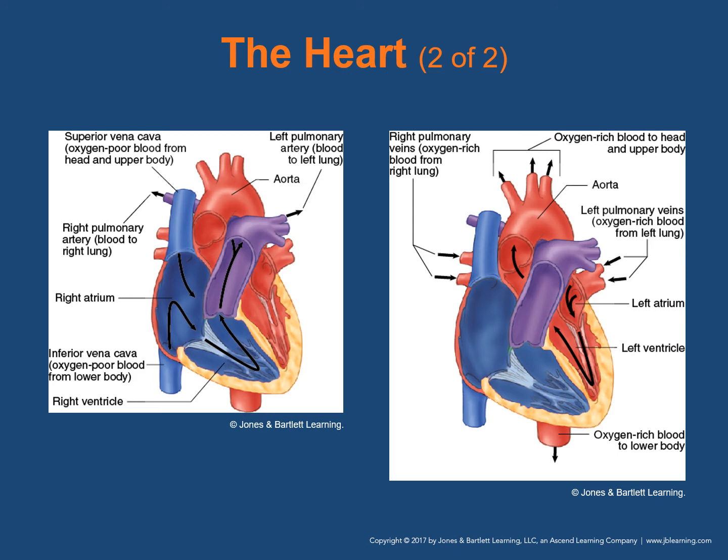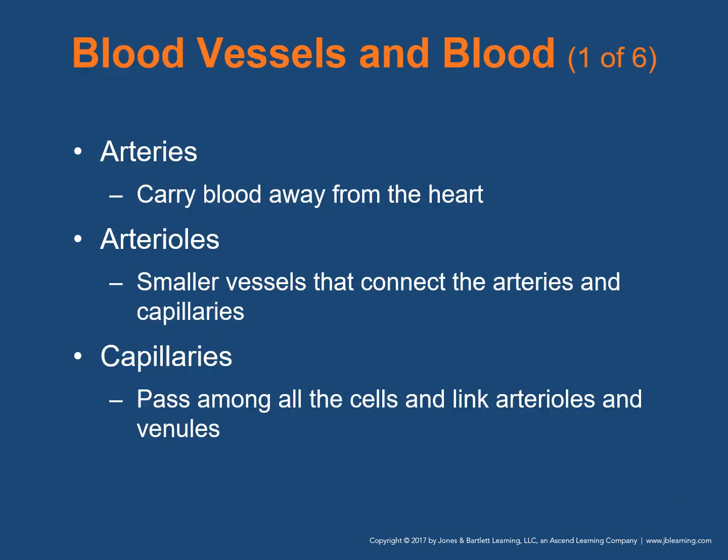In the picture on the right at the top, you see three arrows pointing up. One of those is sending that oxygen-rich blood directly to the coronary arteries, and the rest is going to the upper part of the body. So again, the right side is oxygen deficient, the left side is oxygen rich.